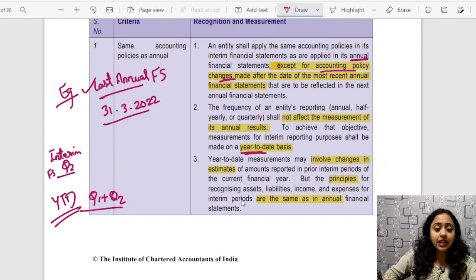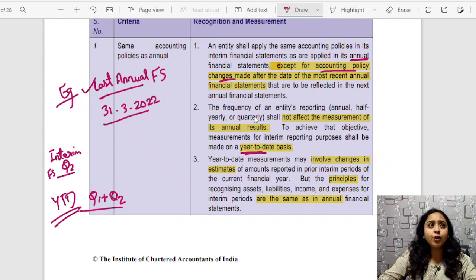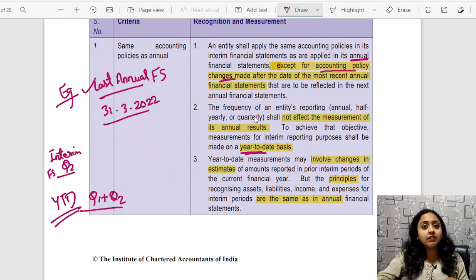Now, these changes involve accounting estimate changes. For example, at the last financial year end, you were assuming a 2% bad debts provision. Now, at the second quarter end, you are assuming it should be increased to 5%.